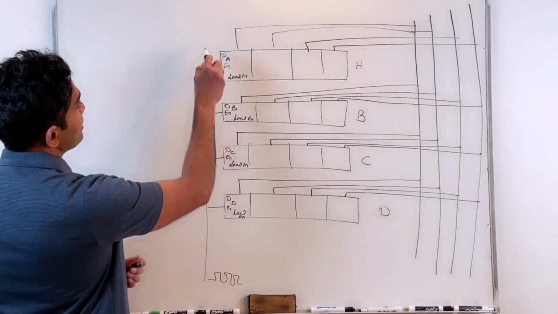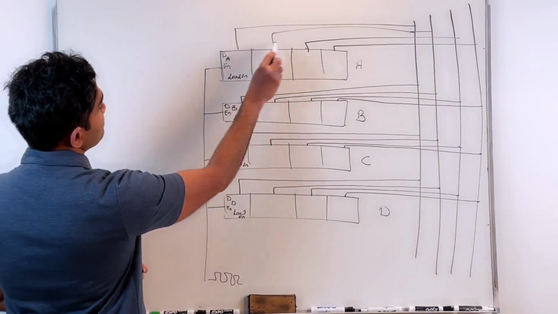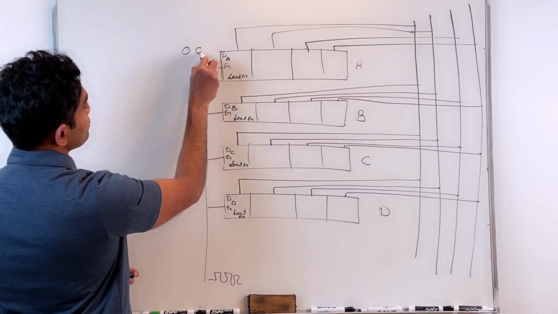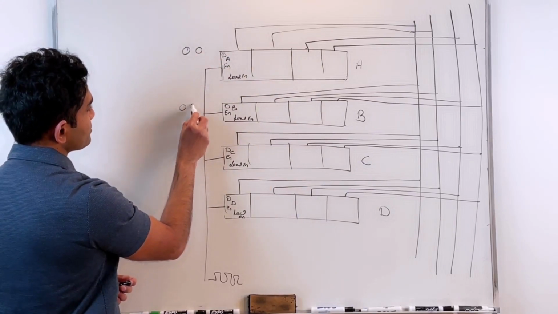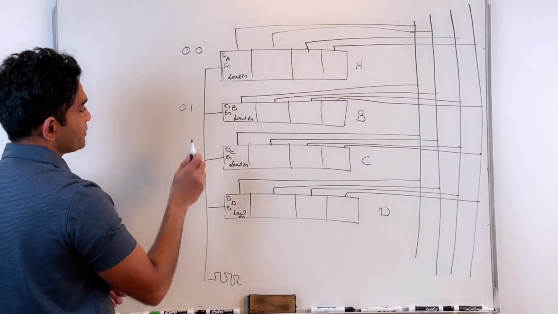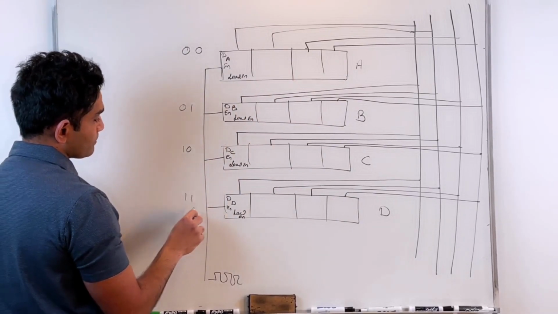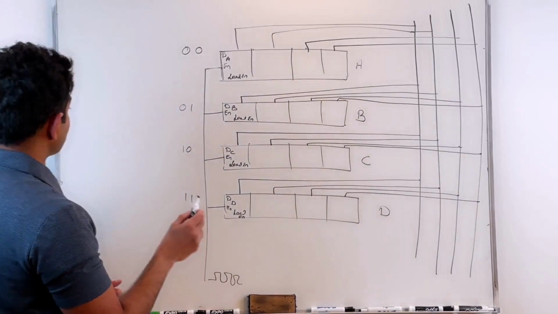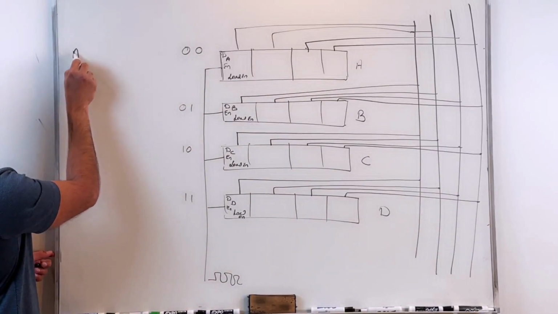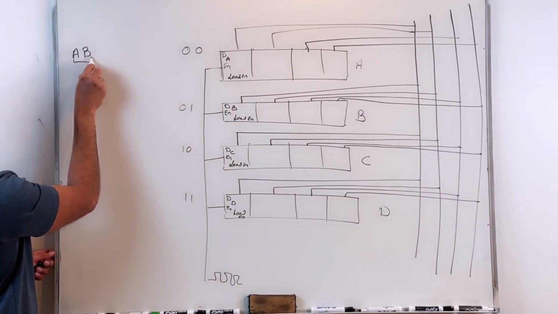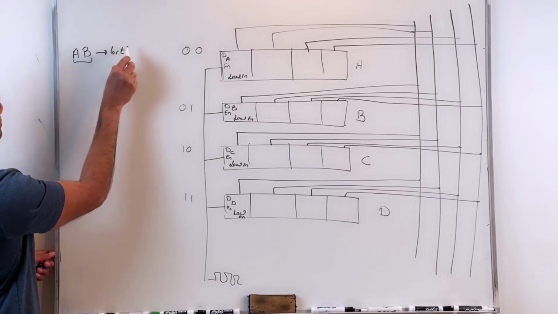So for example, if I want to address this particular register, let's say the address for A is 00, for B is 01, for C is 10, for D is 11. Okay, and let's say on the hardware, A and B correspond to the bits that carry the address.